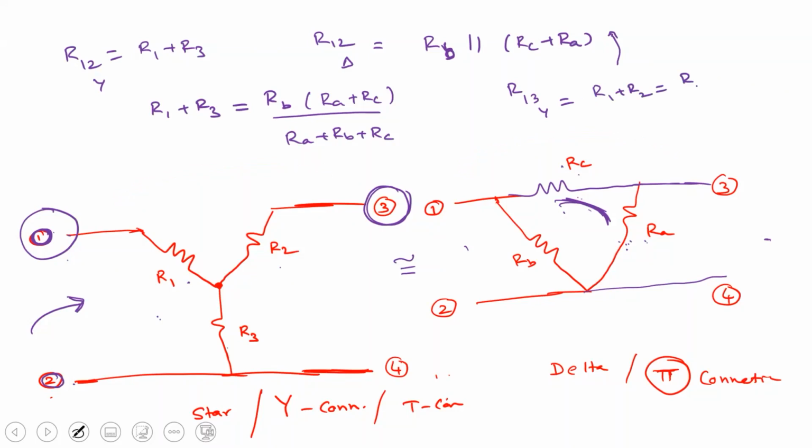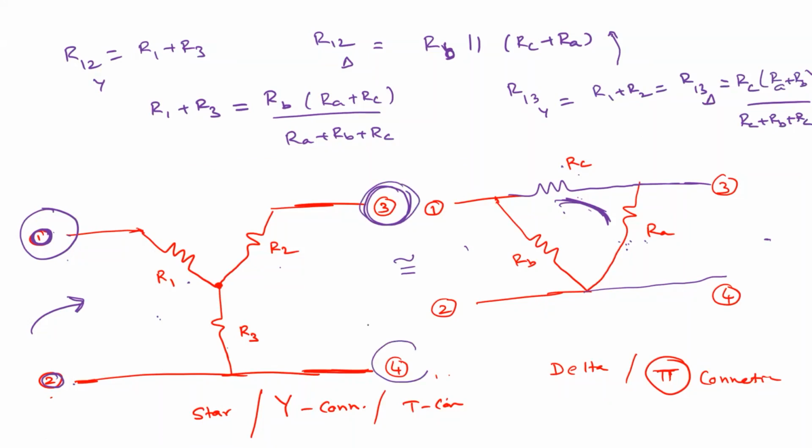So this is equal to R13 in delta. What is that? RC into RA plus RB divided by RA plus RB plus RC, right? Agree? Yes, sir. Okay, clear?